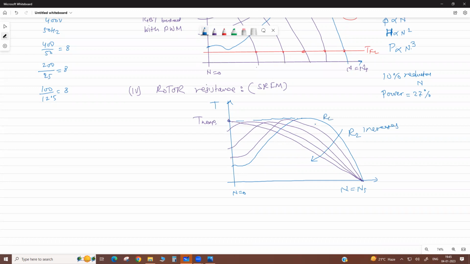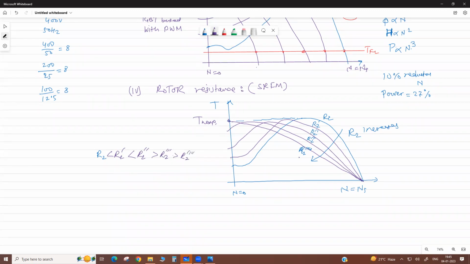Like this is R2, this is R2 dash, R2 double dash, R2 triple dash, this is R2 four times dash. So R2 is less than R2 dash, less than R2 double dash, R2 triple dash, and R2 four times dash, like this.